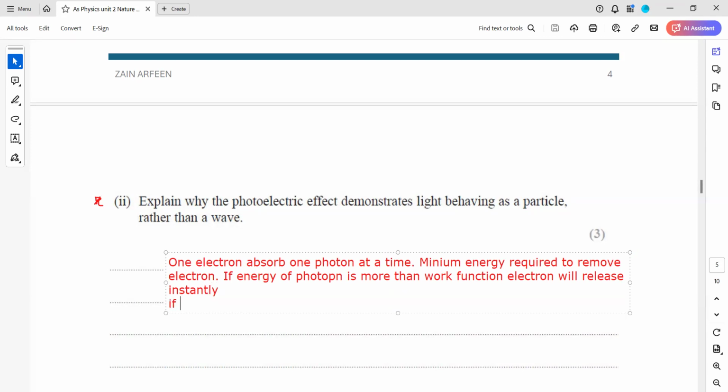And if we change the energy of the photon, what will be the effect? It increases the kinetic energy, but not the number of electrons.